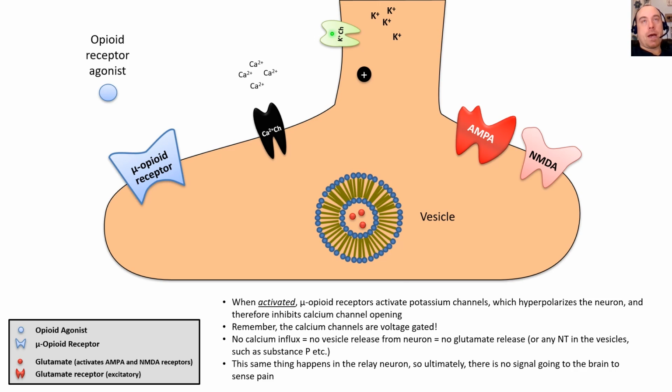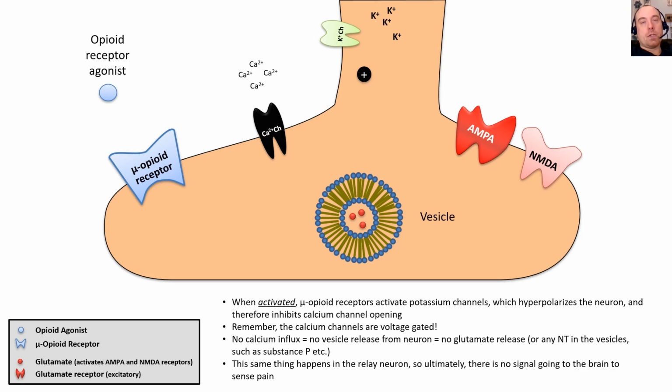And remember, potassium is always concentrated inside the cells of the body. So as soon as you open that channel, it wants to rush out, and that makes the cell more negative. That hyperpolarizes the neuron and prevents this voltage-dependent calcium channel from opening. No calcium influx means no vesicle release, means no glutamate release, or any other neurotransmitter that happens to be in there. So it could be substance P, which is also related to signaling pain.